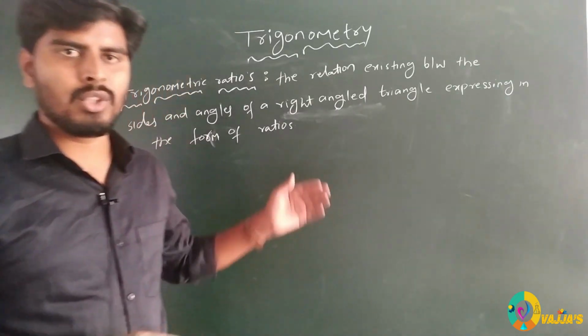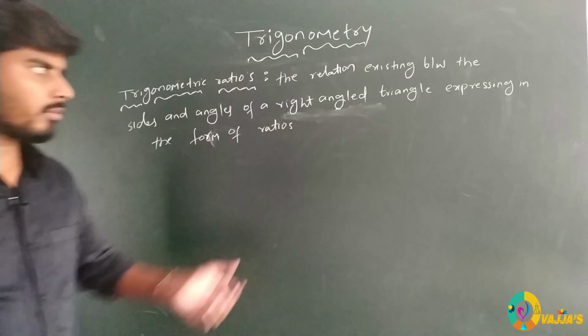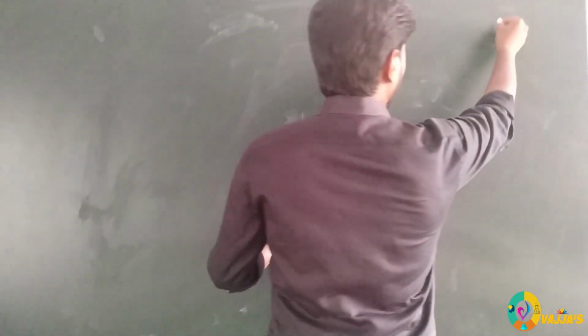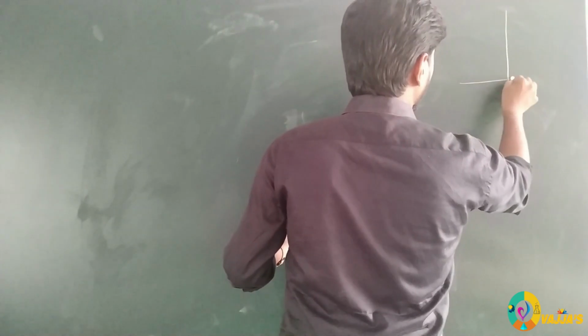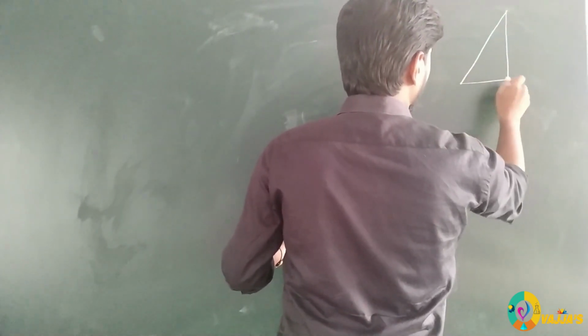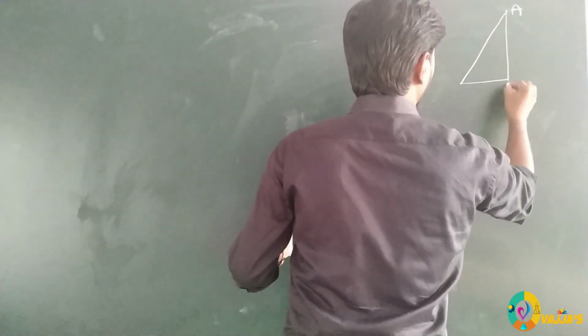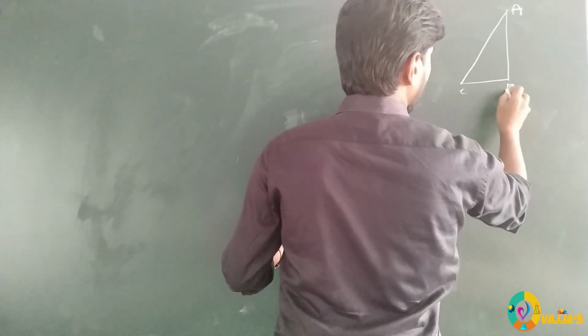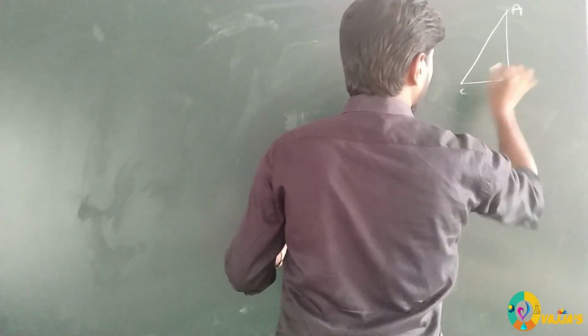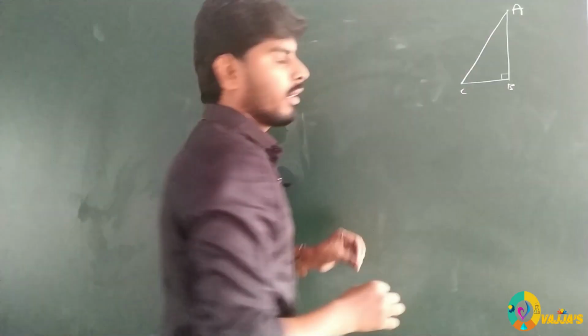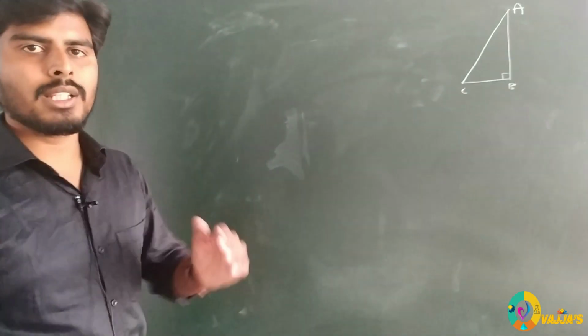Okay, let us pause the video. What is the statement? Let us look at here. Here I am taking a right angle triangle ABC, right angle at B. So here we have to take an angle other than the right angle.